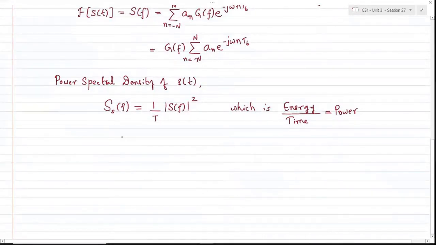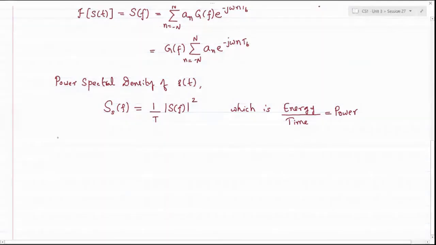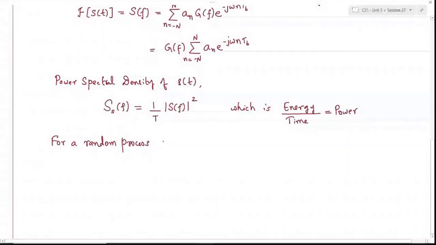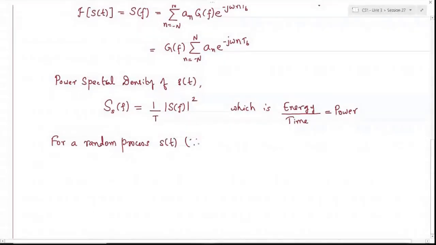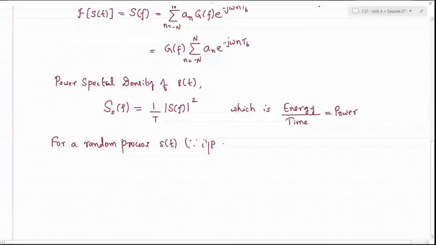Okay, so for a random signal s of t, being the output, because the input is a random process, the output we also expect to be a random process. So for a random process, T can be tending to infinity. That is because input x of t is random.